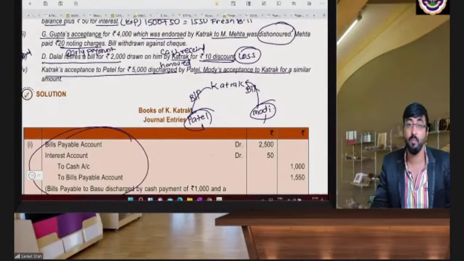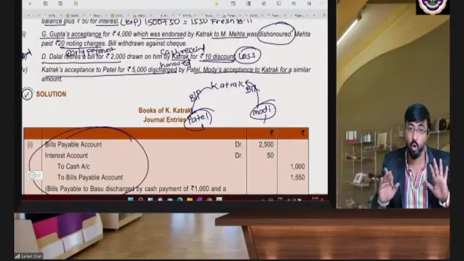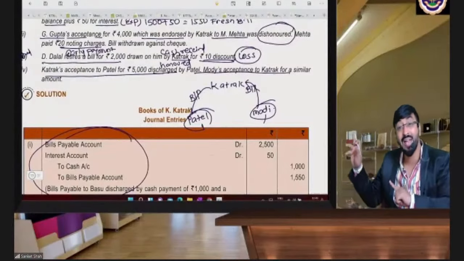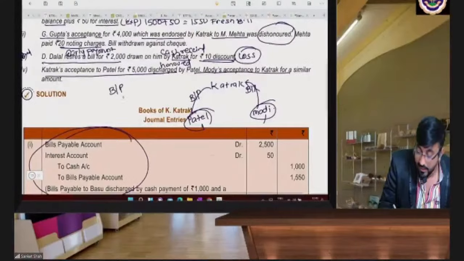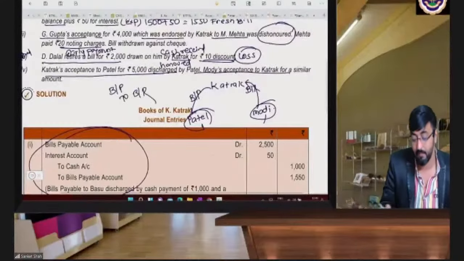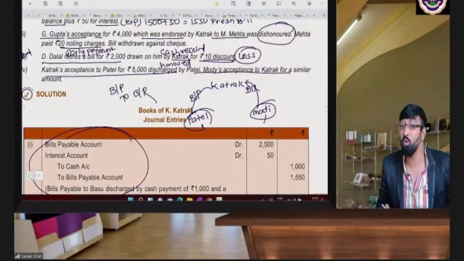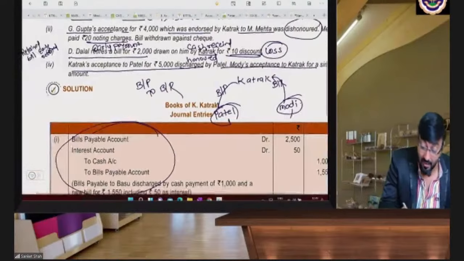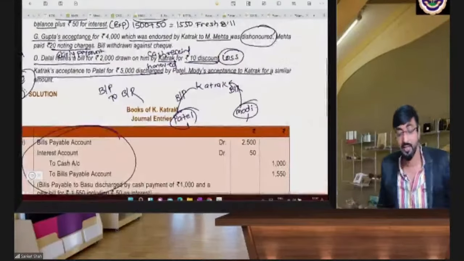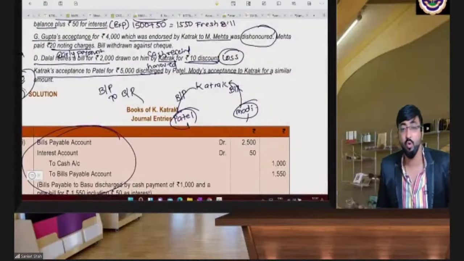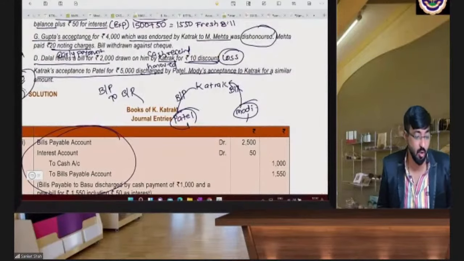So Patel is requesting Katrak, you don't pay me anything and you don't take any amount from Modi. So here, beta, bills payable will get cancelled with bills receivable. This is a very unique transaction. Mark it as an important transaction. Patel is telling, don't pay me anything and don't take any amount from Modi also.